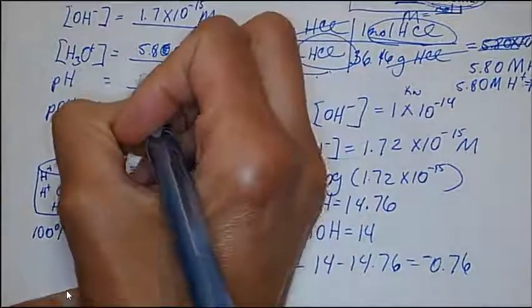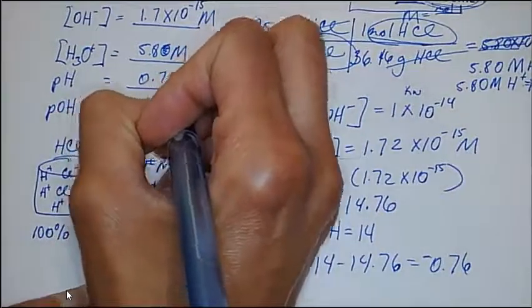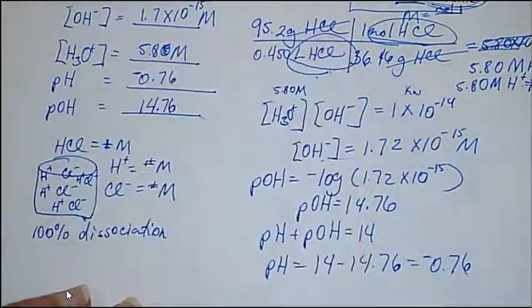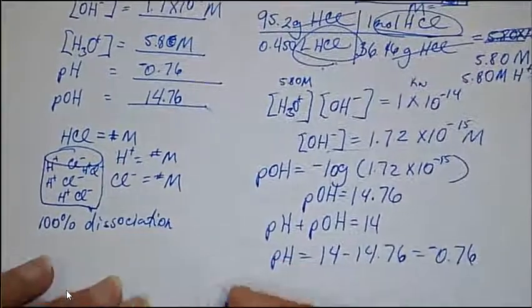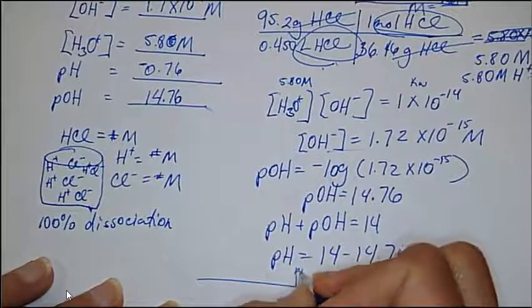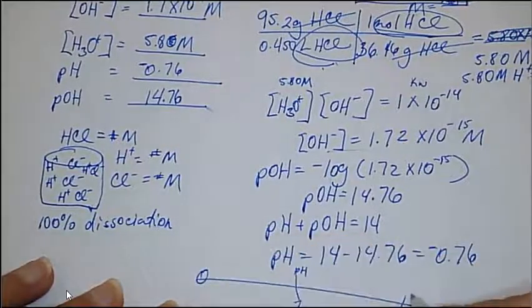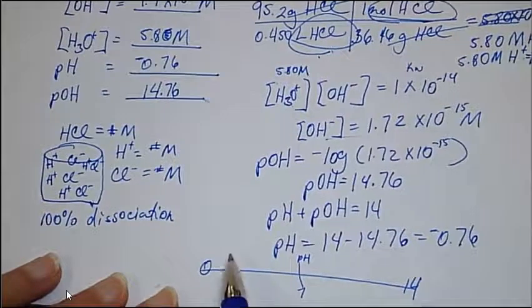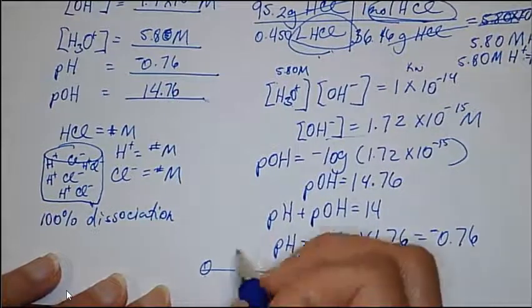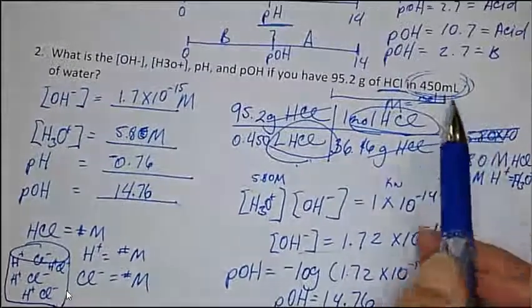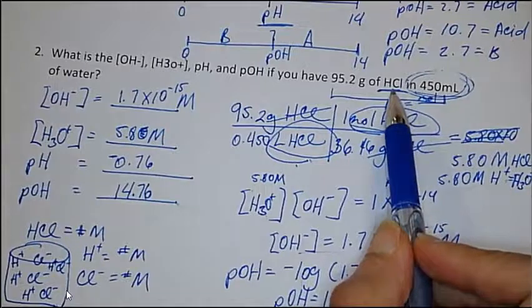Okay, so that would be my pH, and of course it's a negative, so I need to write that negative sign. That makes sense because if I'm looking at my pH scale, 0 and 14, my pH is near 0, somewhere around here. This is very acidic. That would make sense because I am using a very strong acid, which is hydrochloric acid.